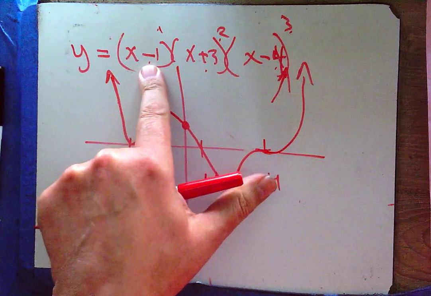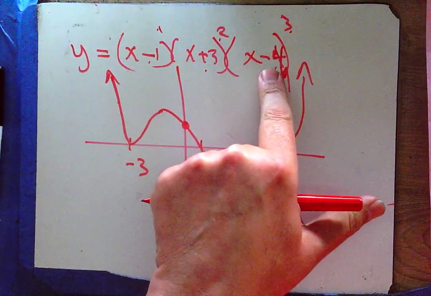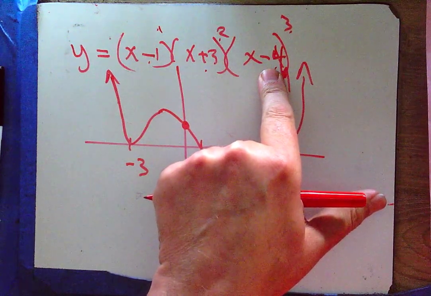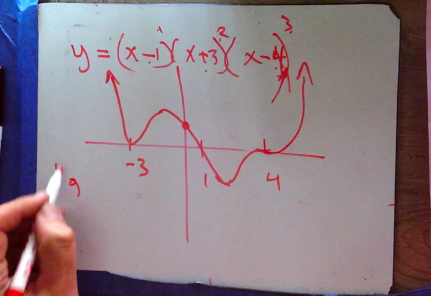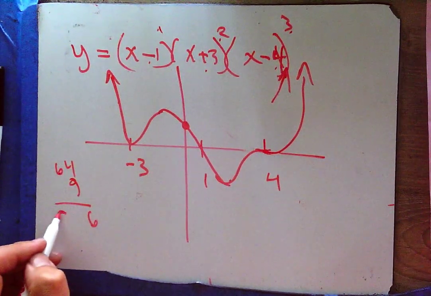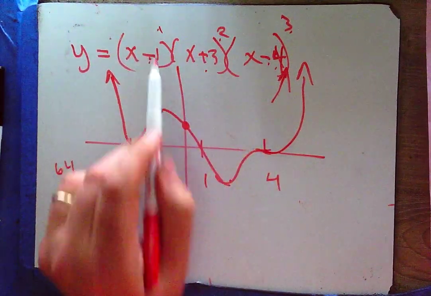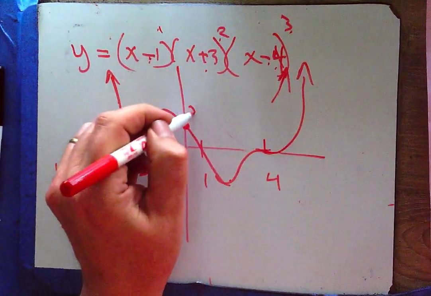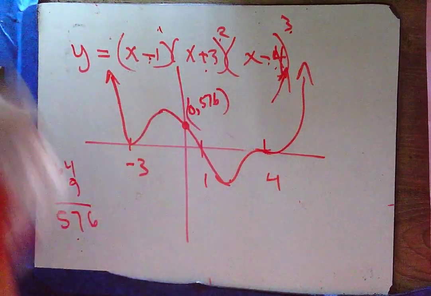So I'm going to have -1 times 9, which is -9, times -64. 4 to the third is 64. So 9 times 64, is it 576? Yes, it is 576. And this is a negative, this is a negative, so this is going to be a positive 576. All right, well, that's great. How about this one?